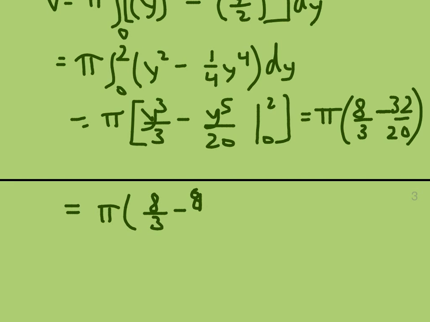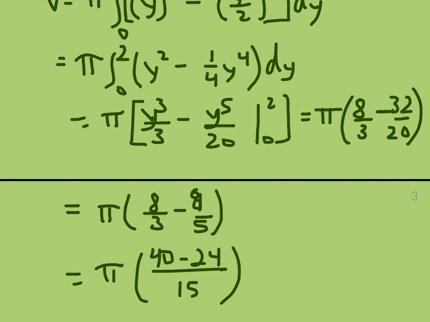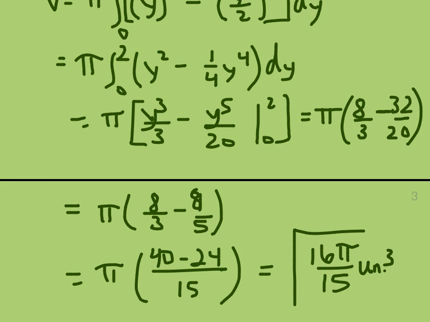We're reducing all the way down. And so we'll have 40 minus 24 all over 15. So the answer to the question is 16 pi over 15, whatever units we have cubed. Very good.